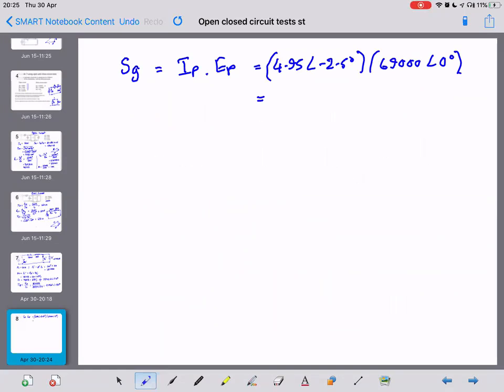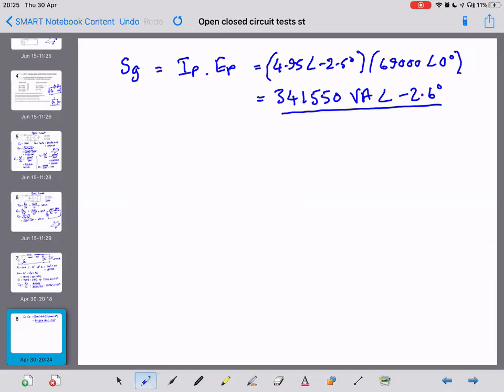That is 341,550 VA, angle minus 2.6 degrees. So that's the apparent power supplied by the generator.